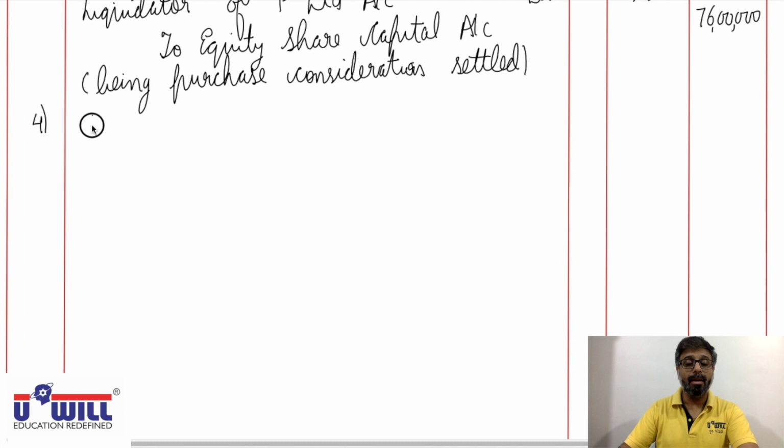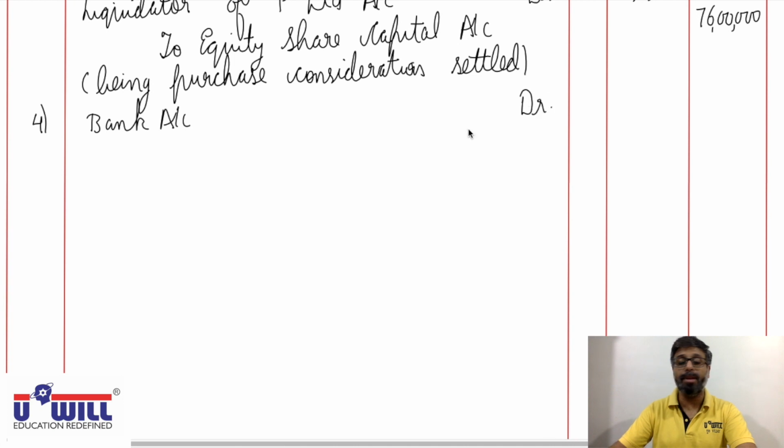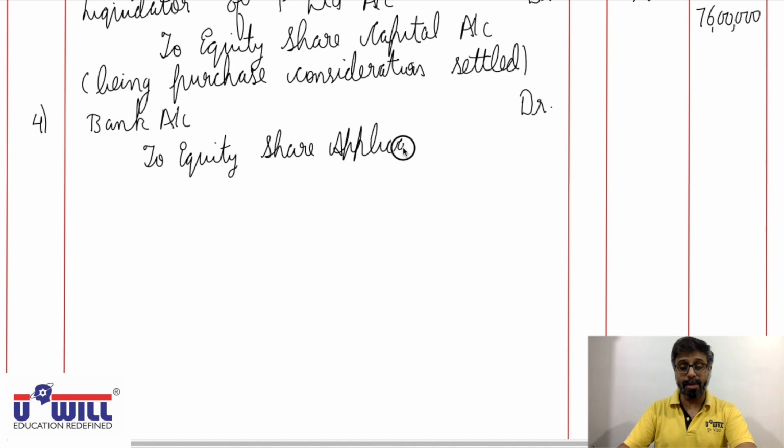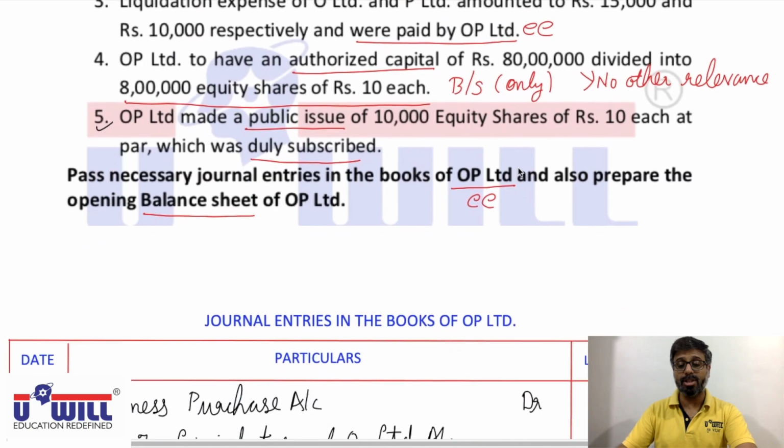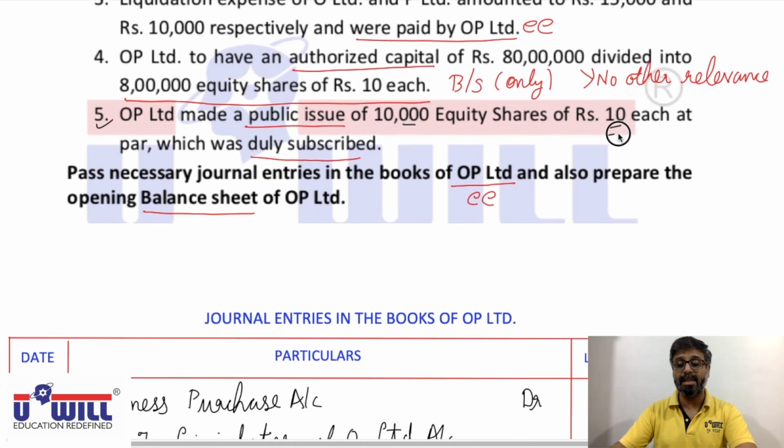One, bank account debit. Bank is the receiver, debit the receiver, bank account debit to equity share application and allotment account. 10,000 equity shares are issued in public of rupees 10 each.